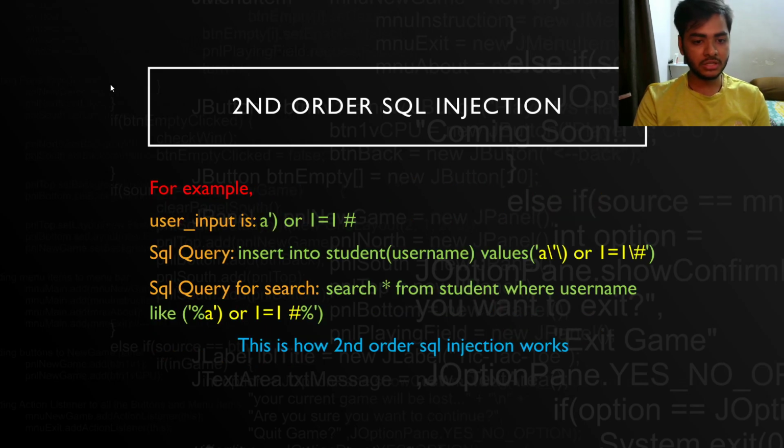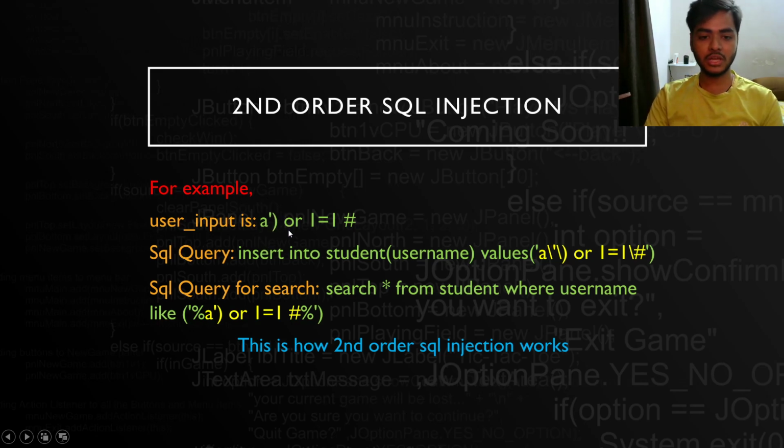For example, in this code you can see the user input: a quote, bracket close and OR 1 equal to 1. This input is saved to the database using INSERT INTO student username VALUES, and it's being sanitized with slashes. Then suppose there is a function where users are searched.